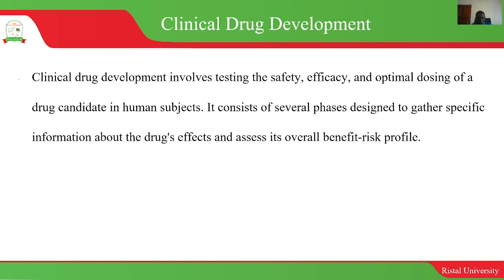Clinical drug development: this involves testing the safety, efficacy, and optimal dosing of a drug candidate in human subjects. So here we are getting more concerned about which dosage works. It consists of several phases designed to gather specific information about the drug's effects and assess its overall benefit-risk profile.